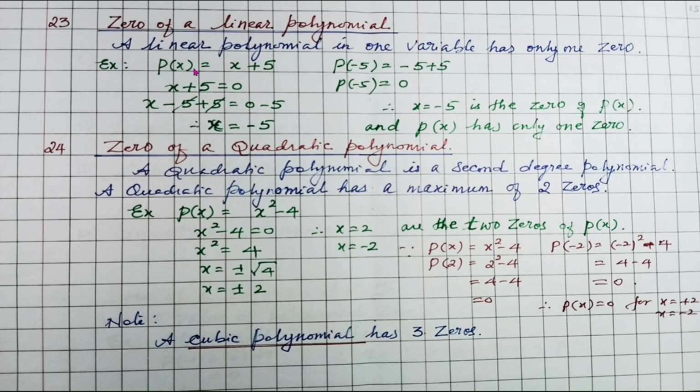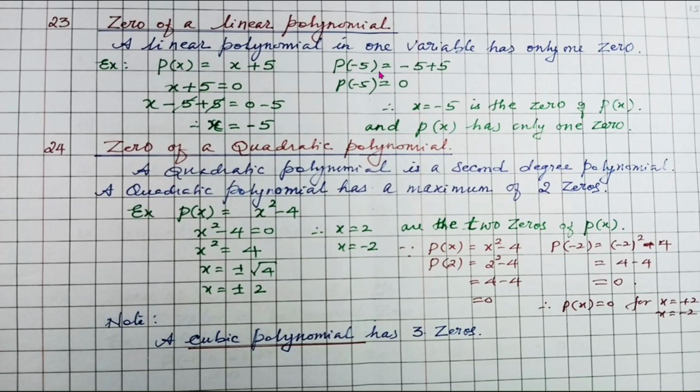Now what does this mean? If you are given a polynomial p of x is equal to x plus 5, it is a linear polynomial in one variable. Now the value of this polynomial has to be 0 to find out the 0 of a polynomial. So x plus 5 is equal to 0, and put minus 5 on both the sides, we get x is equal to minus 5. Now if I find the value of p of minus 5, then the value of the polynomial becomes 0.